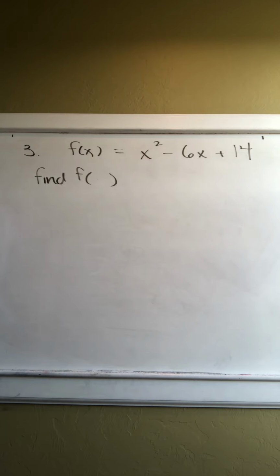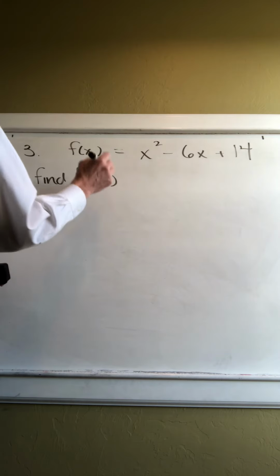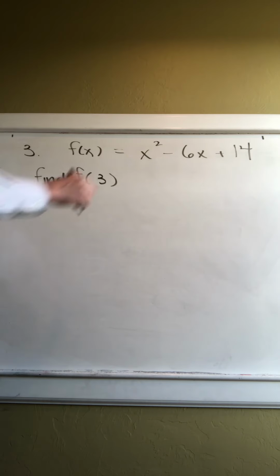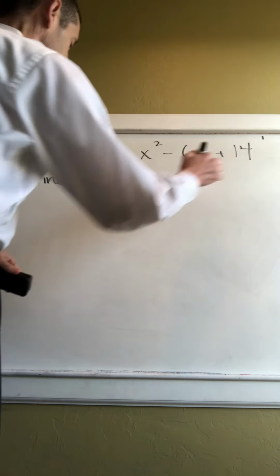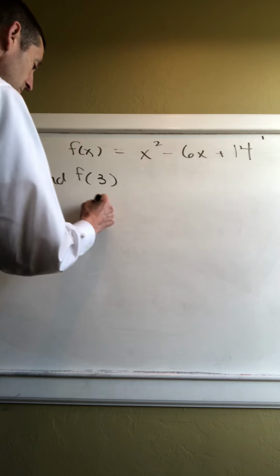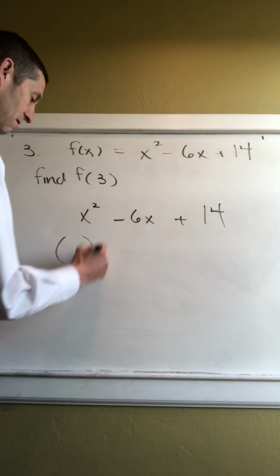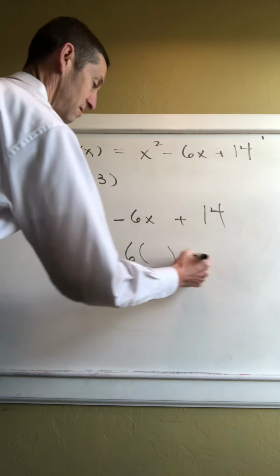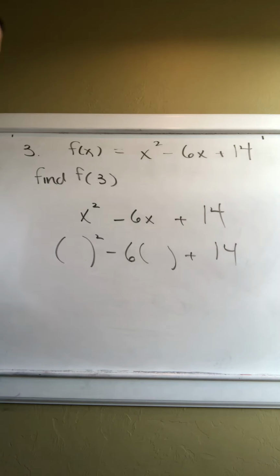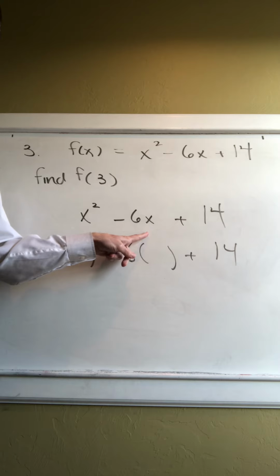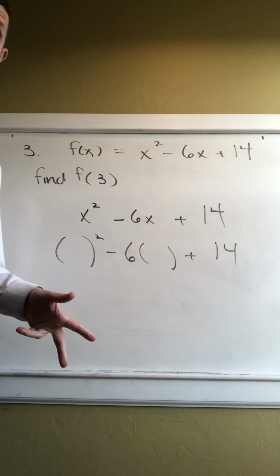Let's plug in a value, let's go positive 3. So we have x squared minus 6x plus 14. So you have a substitution for this x and a substitution for that x. You got to put it into both spots.